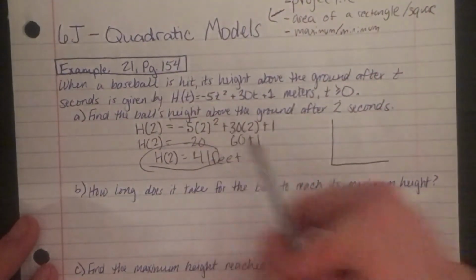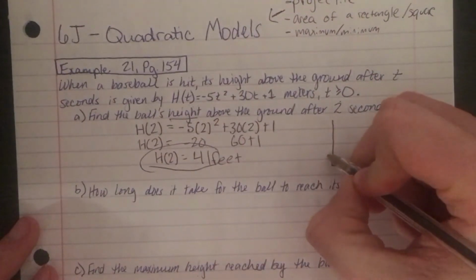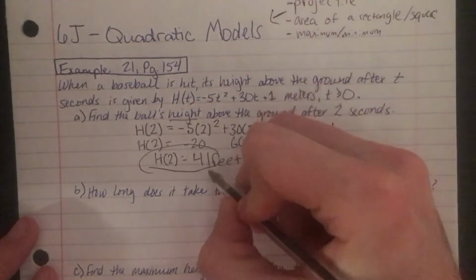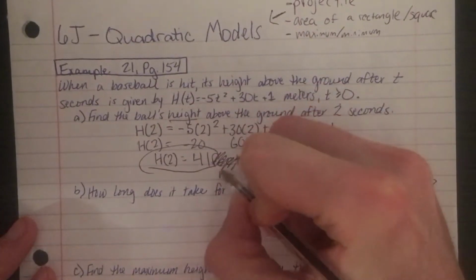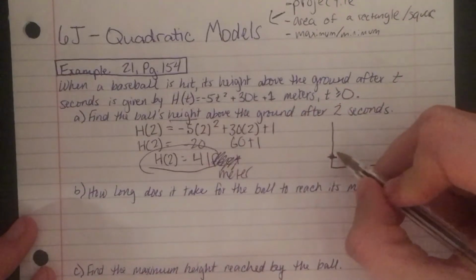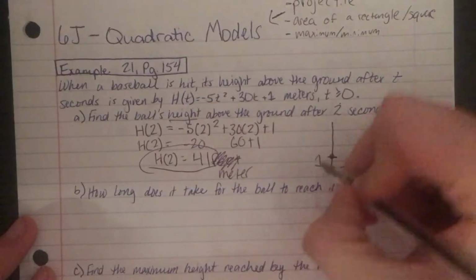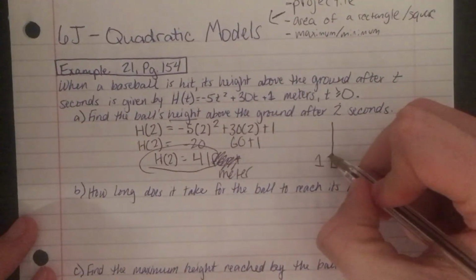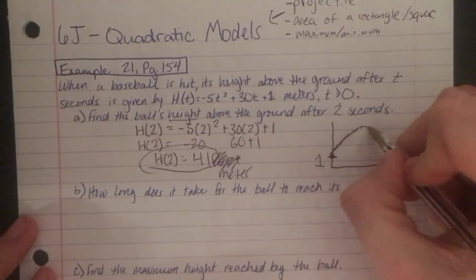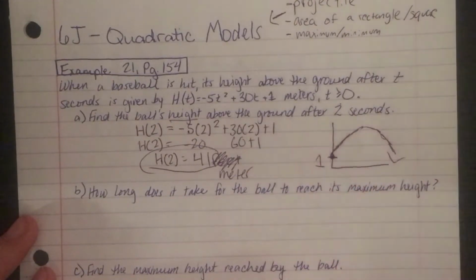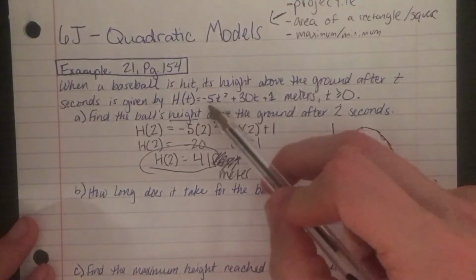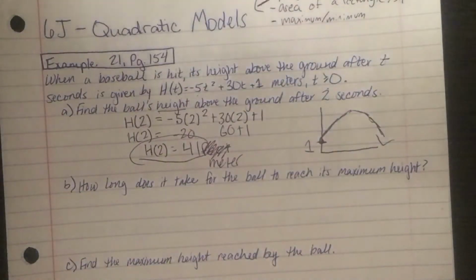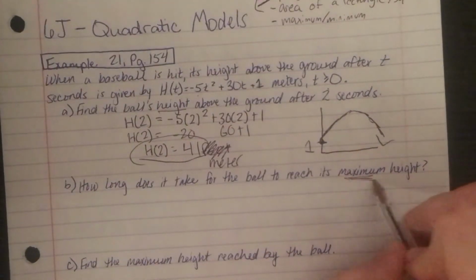So for this, I know that it's going to have an intercept of 1. By the way, that should have been meters, excuse me. This should have had an intercept of 1 meter because that is the c value there. And this is going to be some sort of parabola that opens downward because of the negative a value.